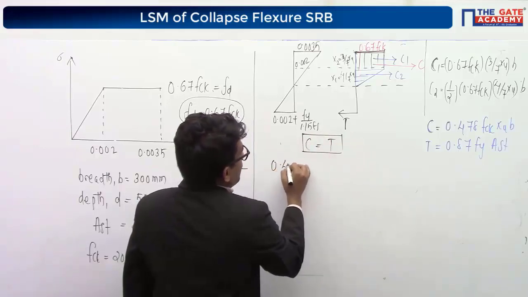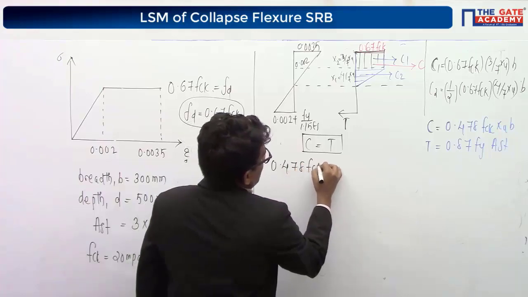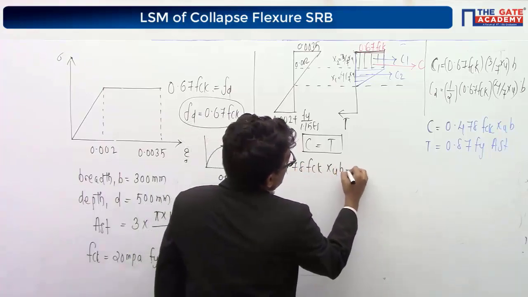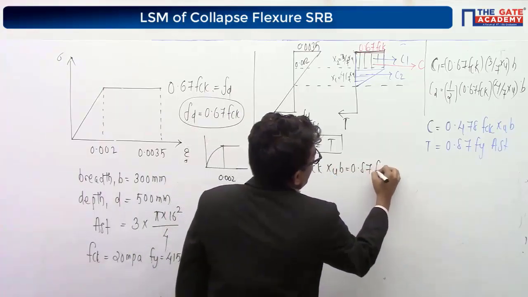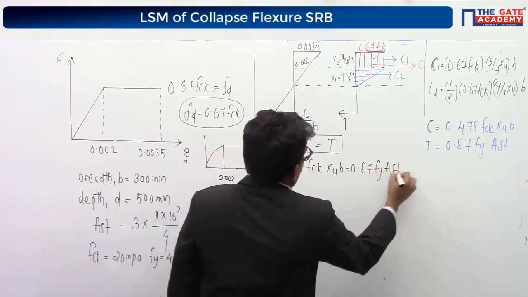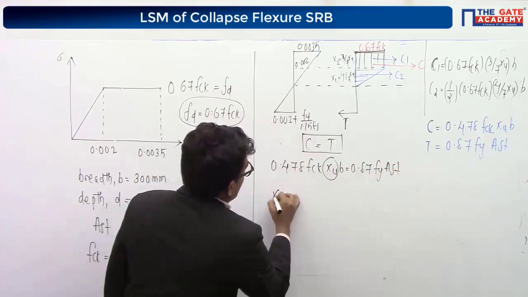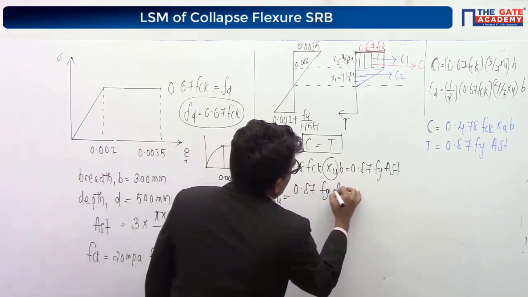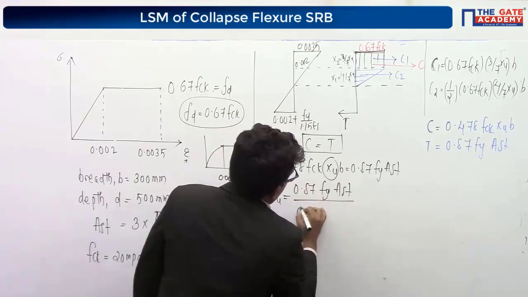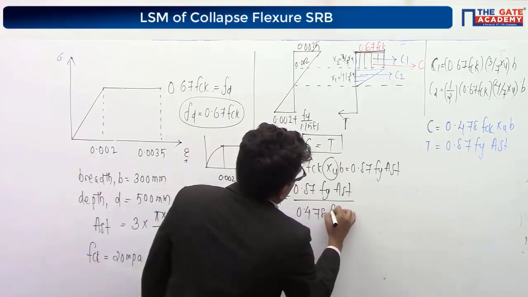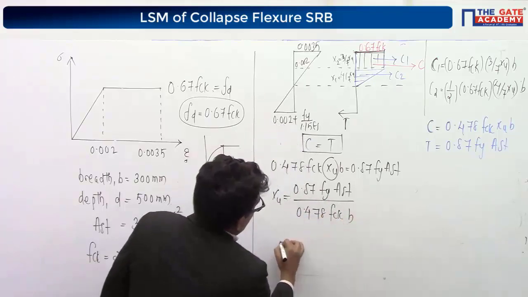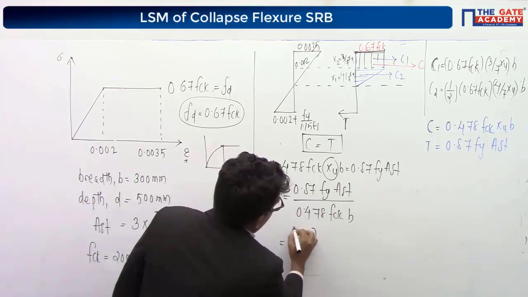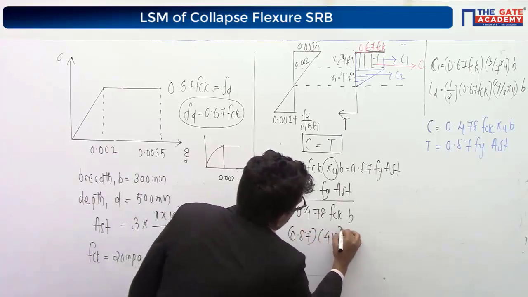That is 0.478 fck xu into B is equal to 0.87 Fy into Ast. From this, I need to find the xu value. xu will be equal to 0.87 Fy Ast divided by 0.478 fck into B. Fy here is given as 450 Newton per mm square.